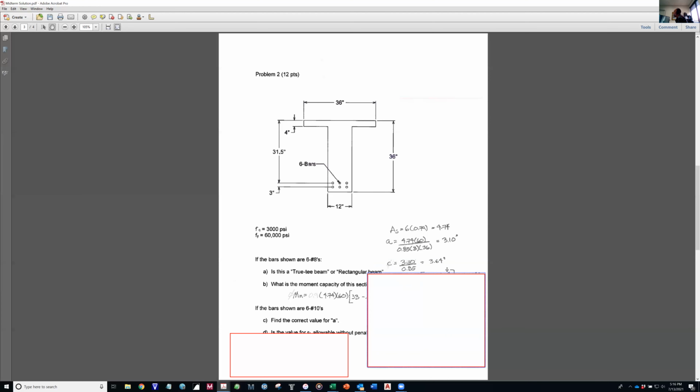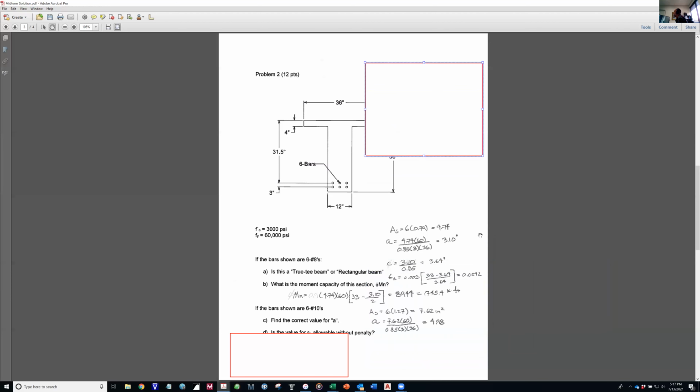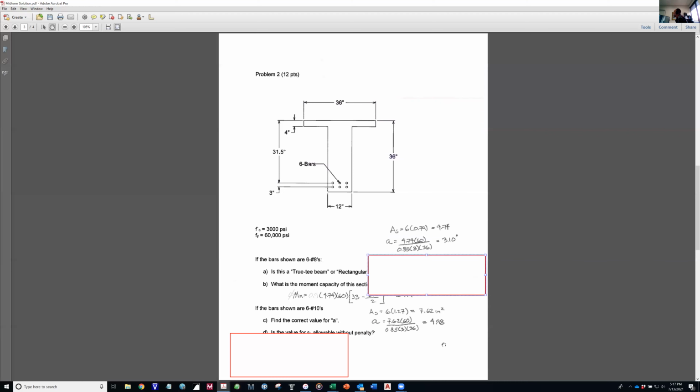Actually, I didn't even need to do the c and epsilon sub t steps here. All you need to do is a equals 3.10 inches. 3.10 inches is less than 4 inches. Therefore, this is a rectangular beam. So for part A, that's what I was looking for: 3.10 less than 4, rectangular beam.